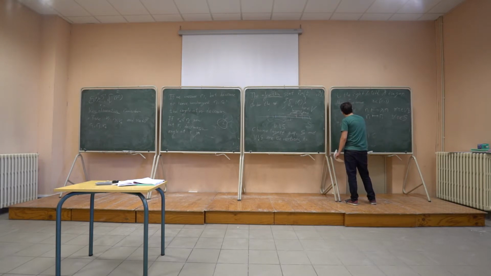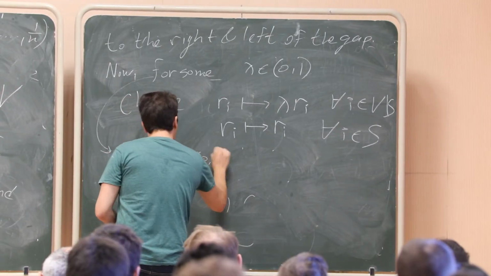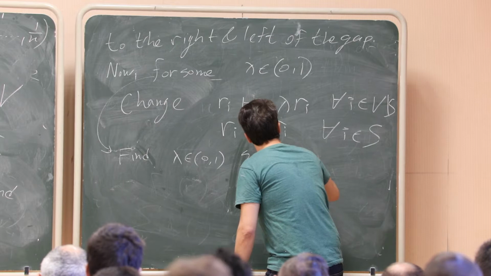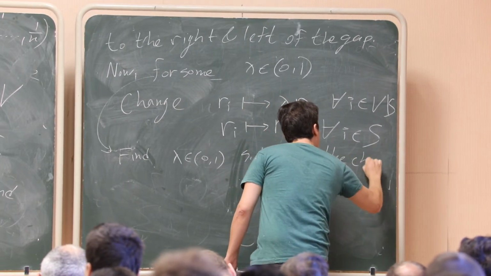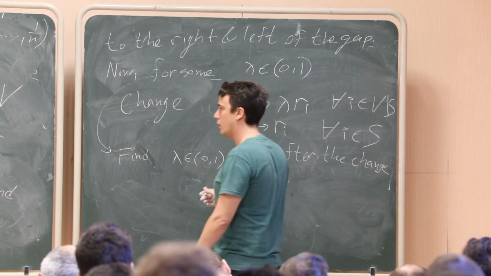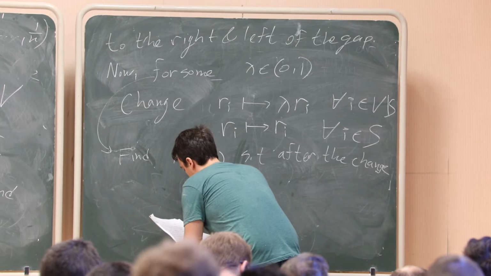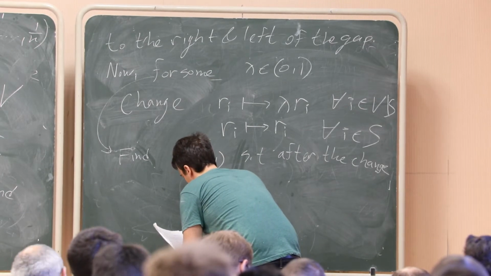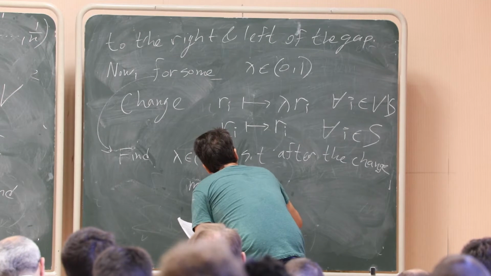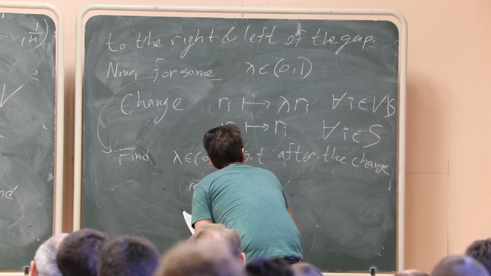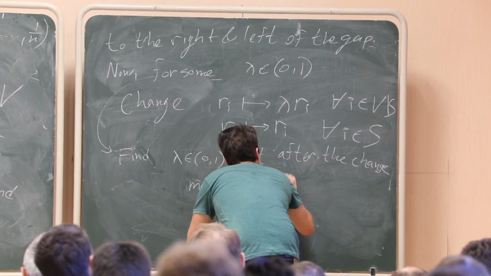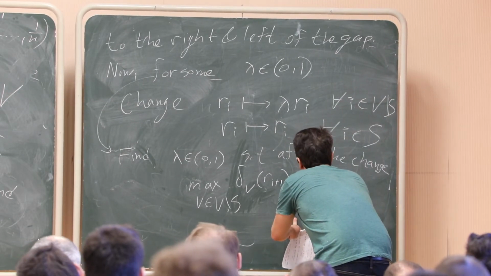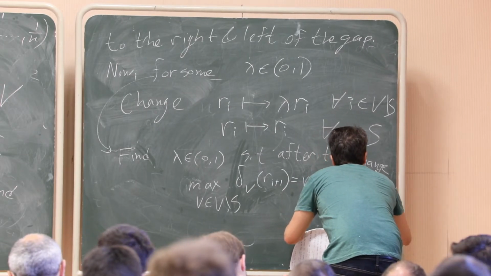So we find lambda strictly between 0 and 1, such that after the change, the maximum over a vertex in V minus S of the defect of R, let's call it V R I plus 1, equals the minimum when I look at all the vertices on the right, the minimum over V belongs to S of delta V R I plus 1.